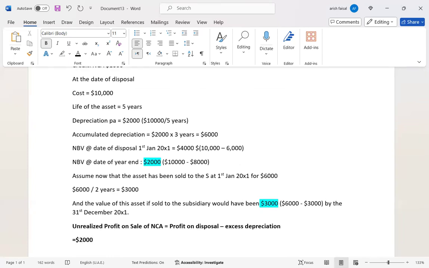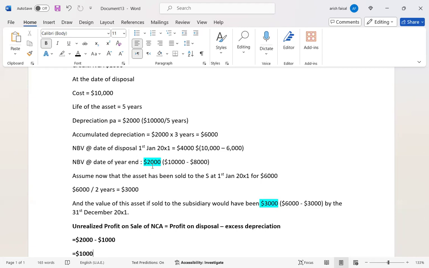That's one part. But we were charging a depreciation of 2,000 every year. The subsidiary is charging a depreciation of 3,000 every year. So there has been an excess depreciation of 1,000 being charged. So net, this is also 1,000, which is exactly the same 1,000 which I did through this explanation. If the asset would have been in the parent's books, it would have been at 2,000.